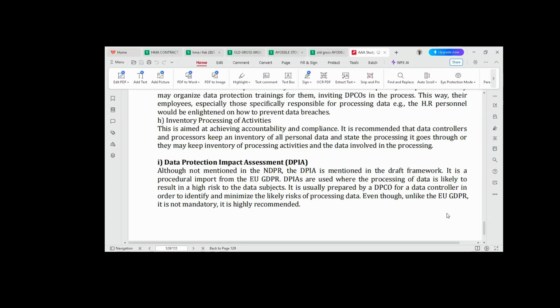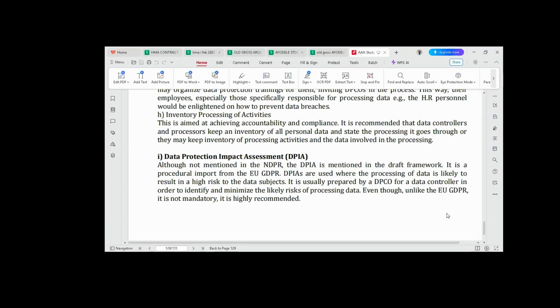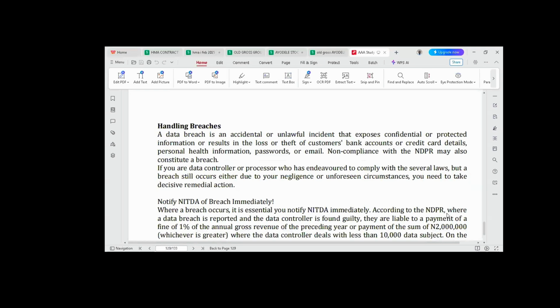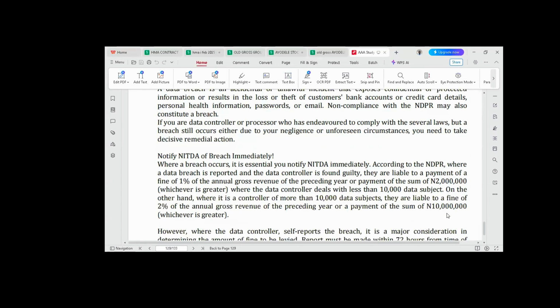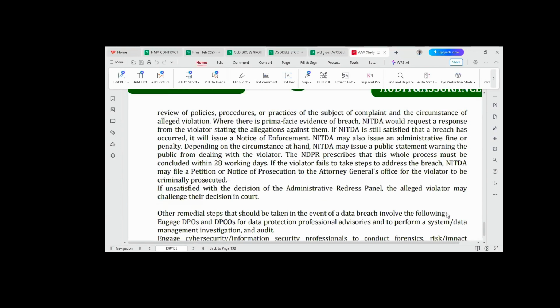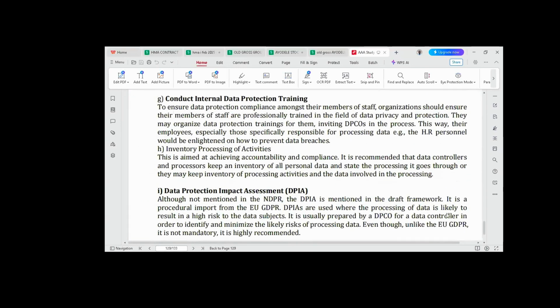So they are going to carry out an assessment to see what the level of compliance is, or what challenges these organizations are facing in trying to handle some of this. And when there are data breaches, they also explain the procedures on how to resolve those breaches. Okay. So that is that about the NDPR, or Nigerian Data Protection Regulation.